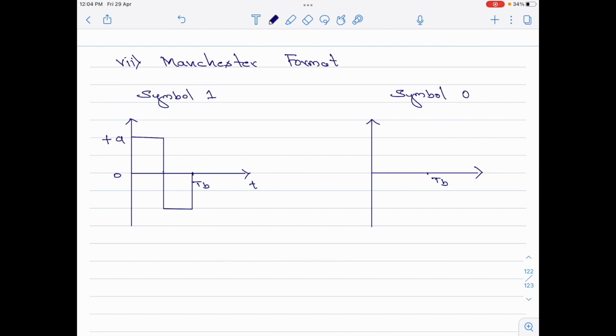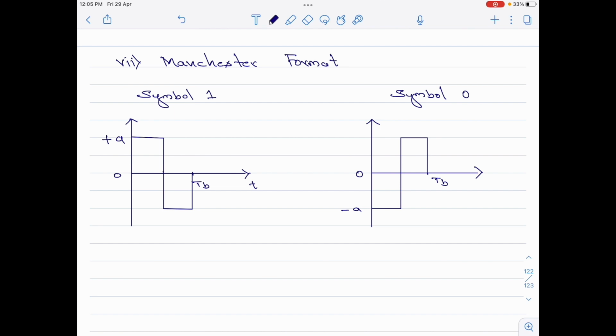Coming to symbol 0, it is exactly the reverse of symbol 1. That is, we start by transmitting a negative pulse for the first half of the bit duration, and this is amplitude minus A, and for the remaining half of the bit duration, we transmit a positive pulse.